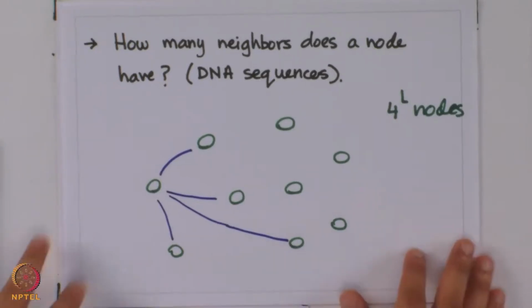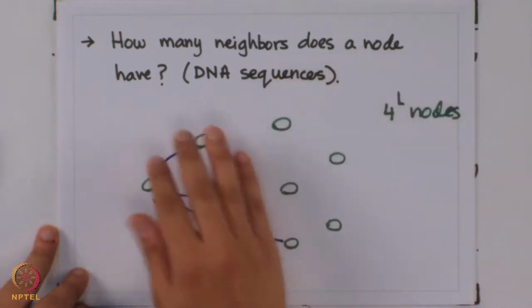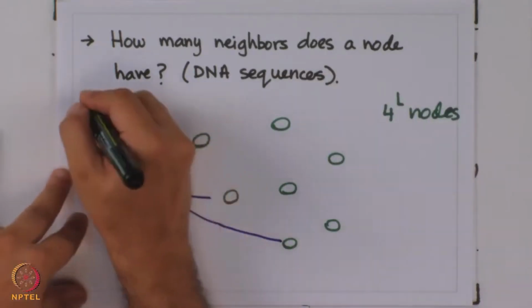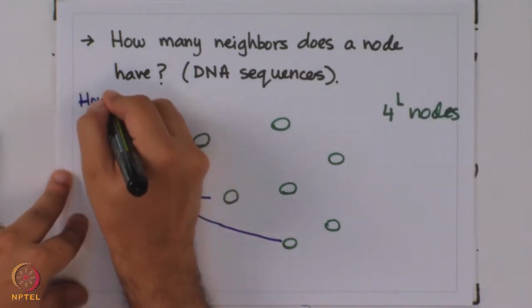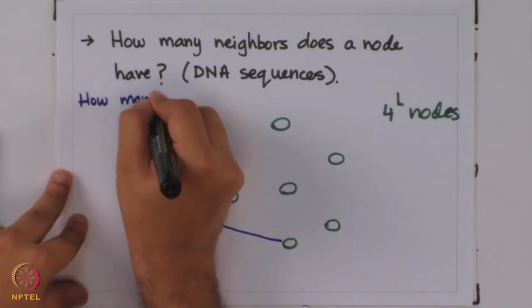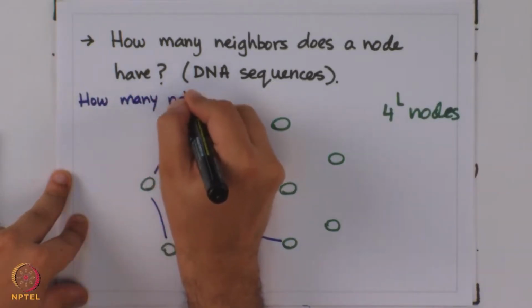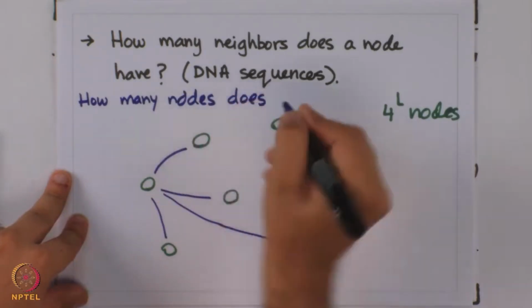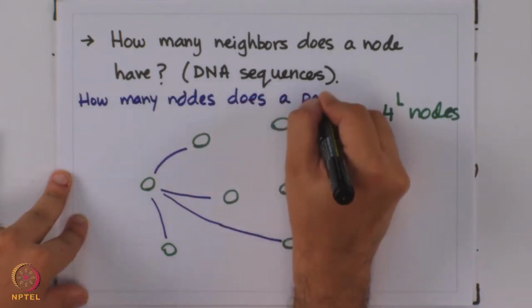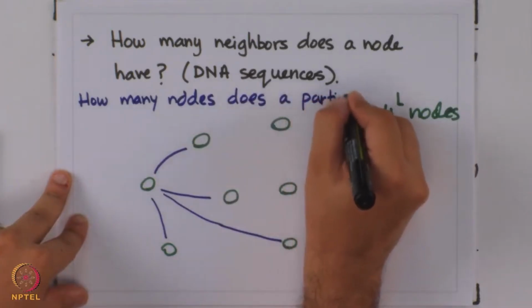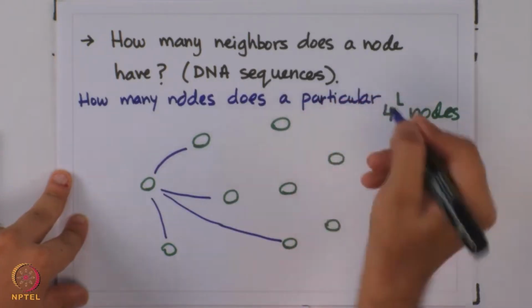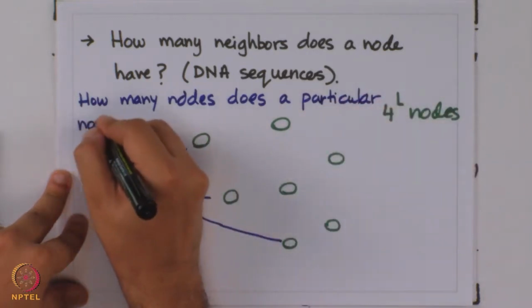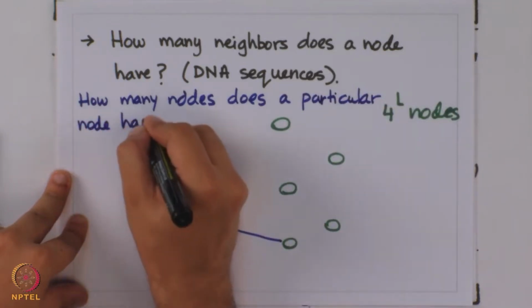And the question is, how many neighbors does a node have, or how many nodes does a particular node have as neighbors?